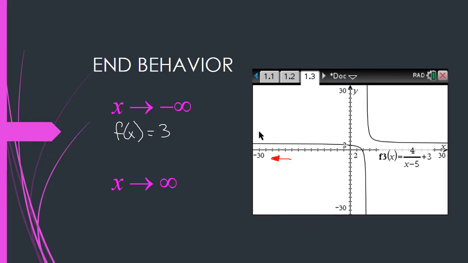Okay, so as we go to infinity, our function goes to 3. And we do the same thing going to positive infinity, and because this has that horizontal asymptote, f of x also goes to 3 as we go to the right.